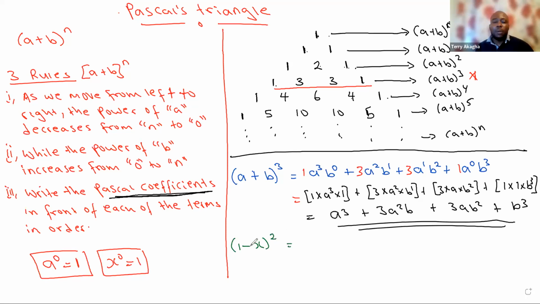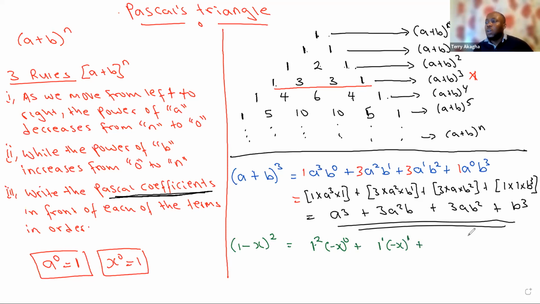So remember now, we have minus. So the first term is going to be 1 raised to the power 2. Remember, while minus x is raised to the power what? 0. Can you see? Because it's minus. Plus, you're going to have 1 raised to the power 1 and minus x raised to the power what? 1.